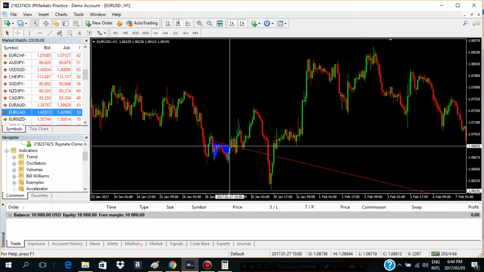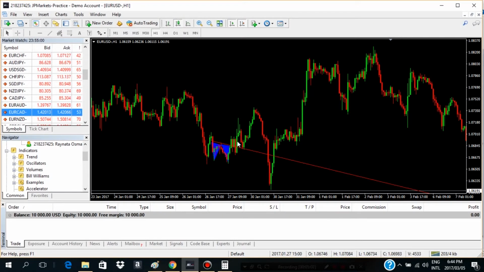And as you can see, it did actually go to 139. So immediately after it broke out, it went to 139. So from this candlestick, from the neckline to this candlestick, you would have gotten 139.